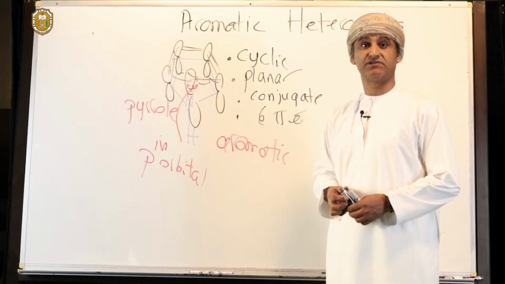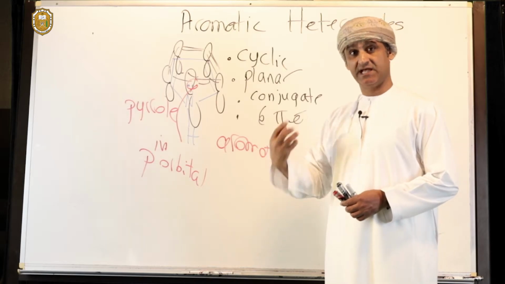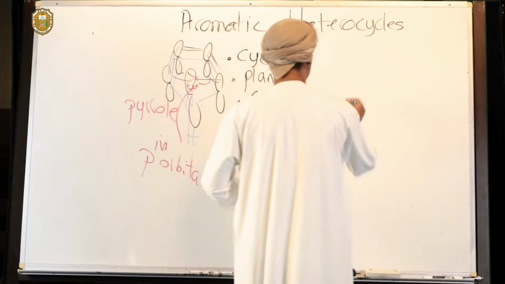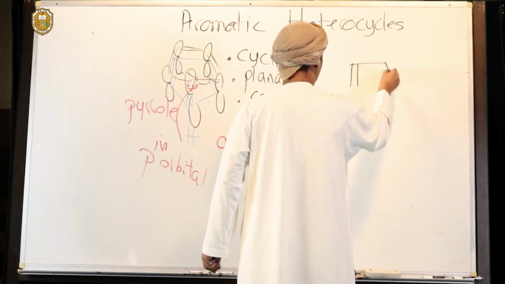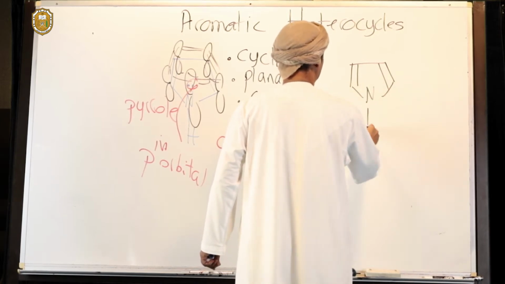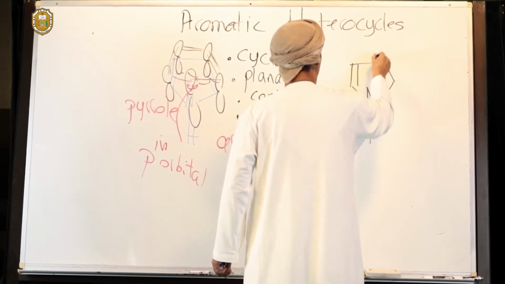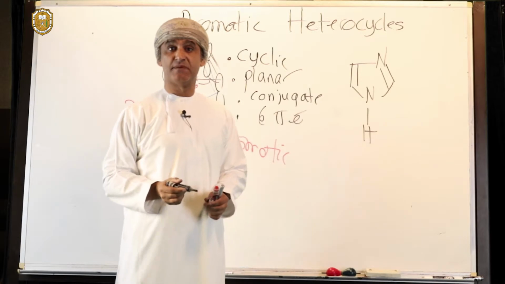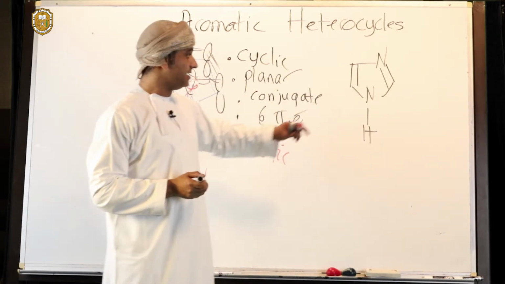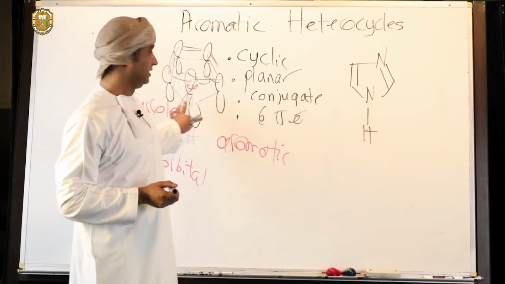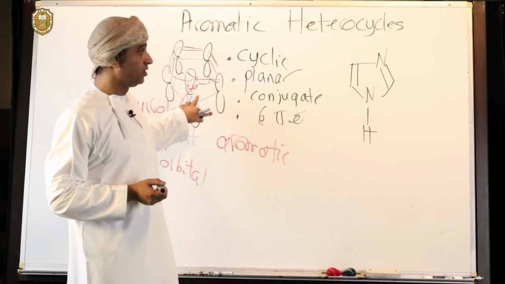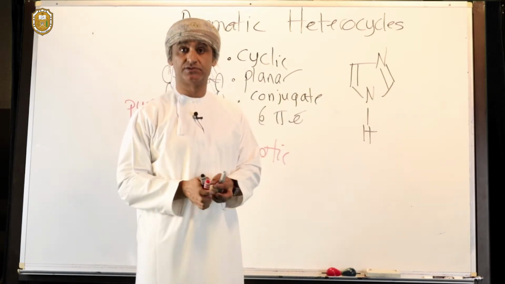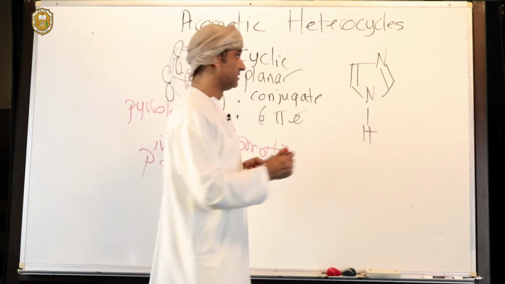Let's now take another 5-membered heterocycle, but this time an example that contains not only nitrogen but another heteroatom. So let's take imidazole. Imidazole is a 5-membered heterocycle that contains nitrogen. It is similar to pyrrole, but imidazole also contains an imine functional group, so in that it's similar to 6-membered heterocycles such as pyridine.